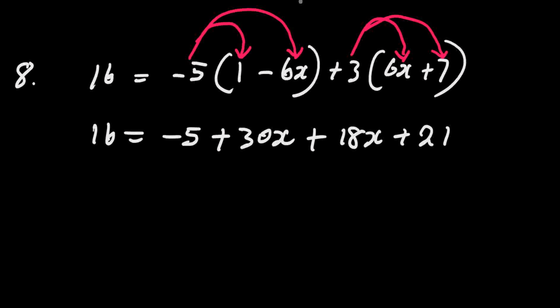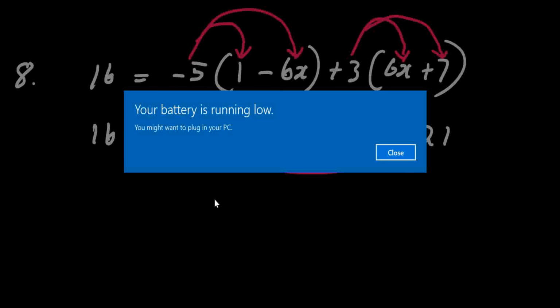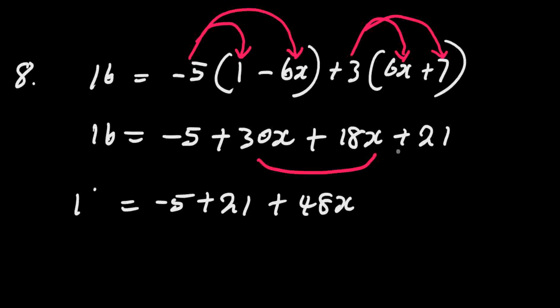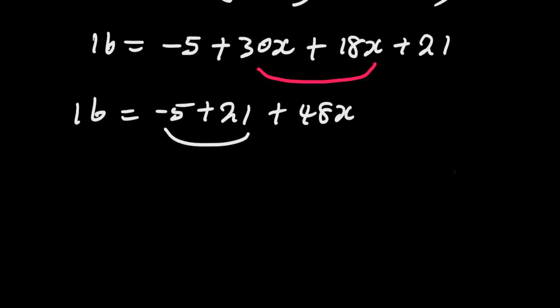So now we can combine all the terms on the right side. We have 30x plus 18x, which will become 48x. So this will be equals to negative 5 plus 21 plus 48x. Let's also combine negative 5 and 21. So 16 equals positive 16 plus 48x.